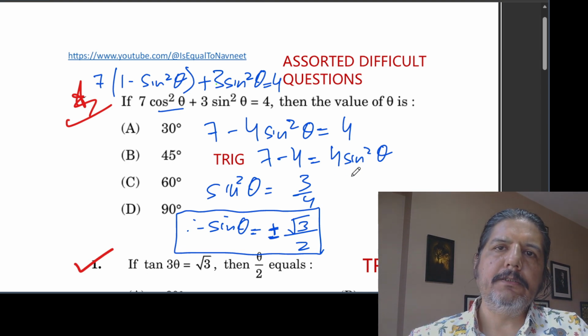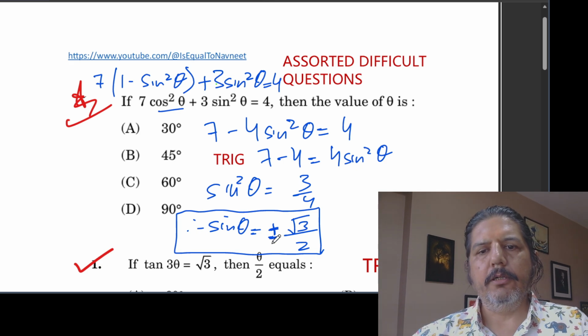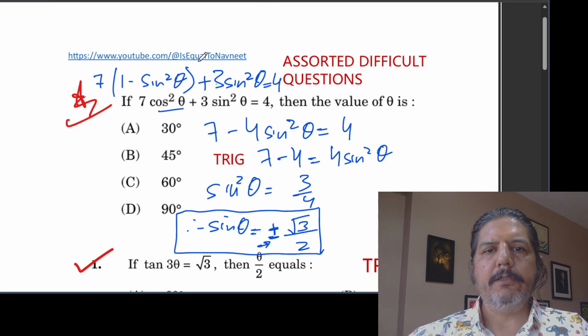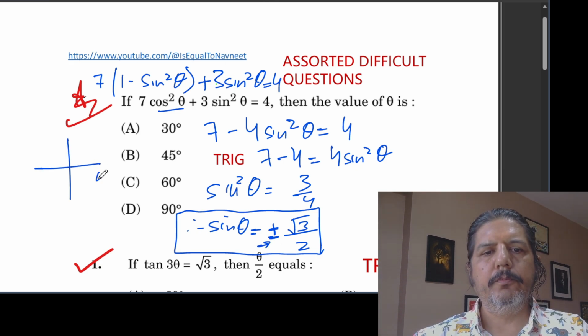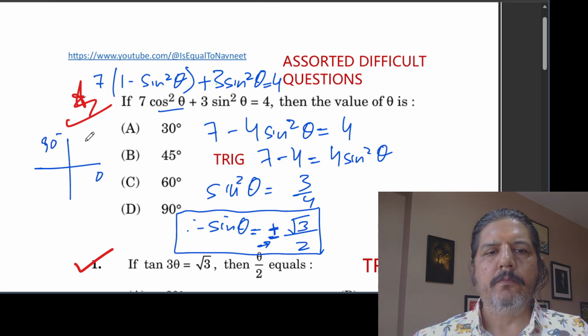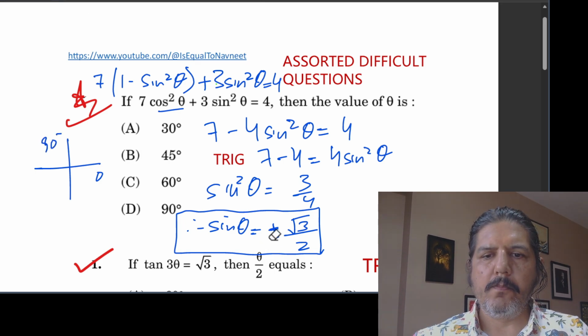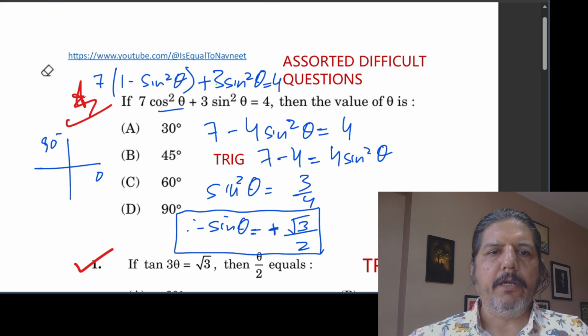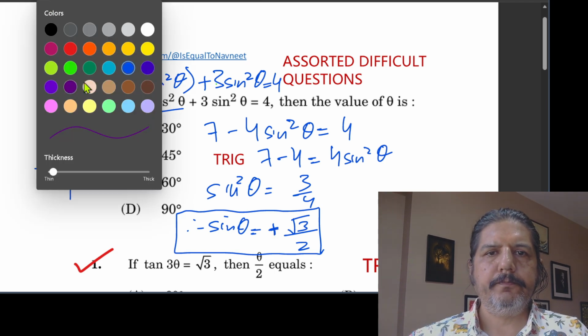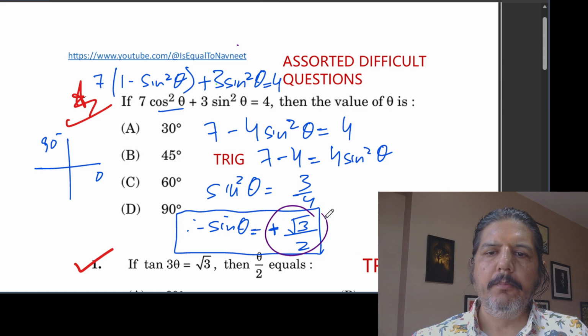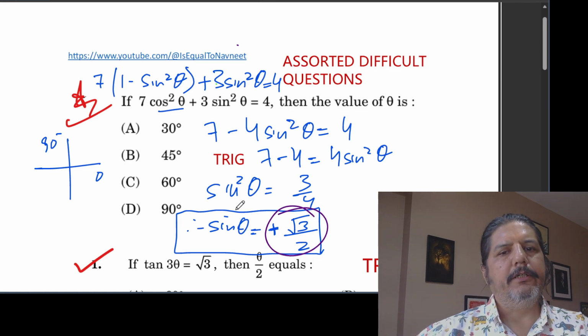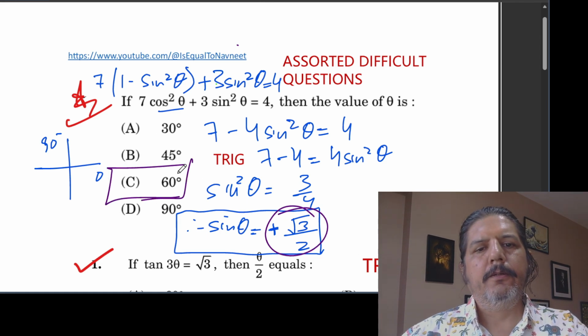Now in the class 10th CBSE syllabus, we only study angles from 0 to 90 degrees. So you can ignore the negative sign and focus only on plus root 3 by 2, and therefore θ would be equal to 60 degrees.